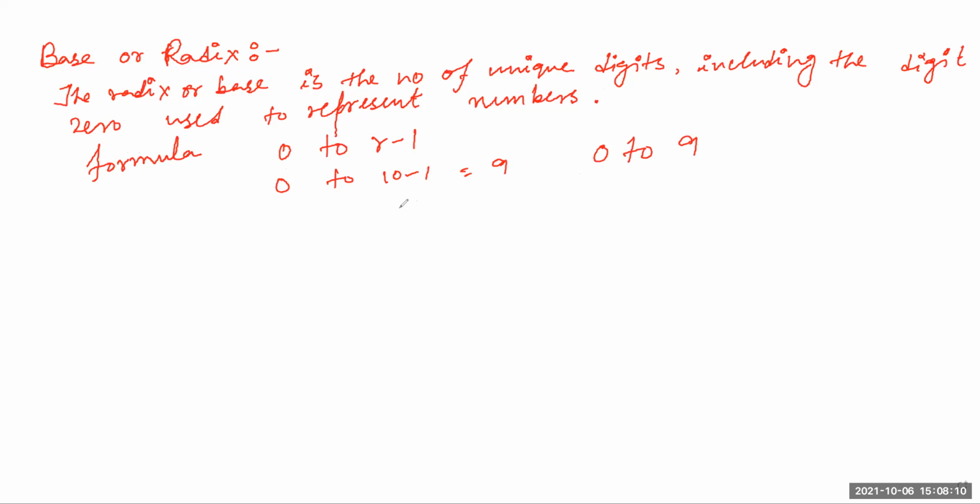Actually in the decimal number system, 0, 1, 2, 3, 4, 5, 6, and so on are used. This is decimal.